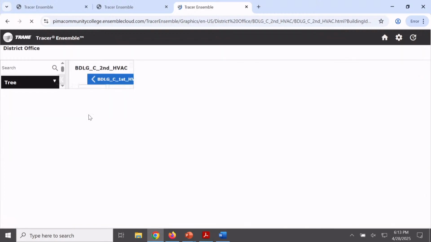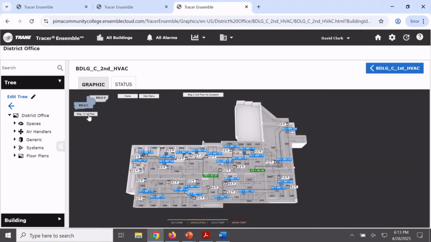And this is a cloud-based system, which means all you need is internet. And whether you've got a smartphone, a tablet, or a PC, a laptop, whatever, you can get on. I actually got on one time while I was standing in line at Disneyland. So it's very easy to get into the system. It's very easy to utilize.